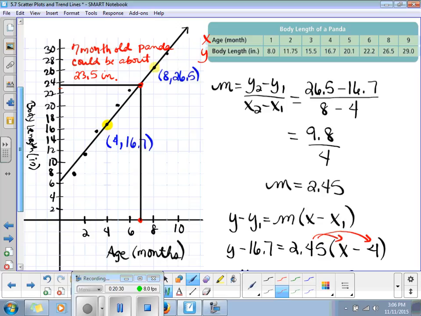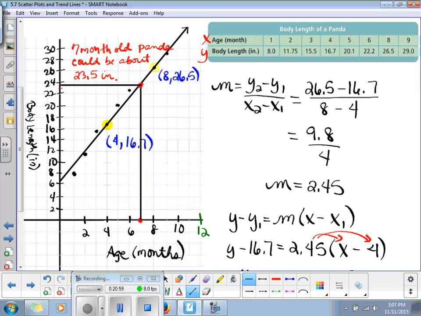How do I change that question to make it work? Okay, very good. We would change it to 12 months, right? So here's 10, 11, 12. There's 12 months, right? And we will go from the 12, and we'll go up to our line.